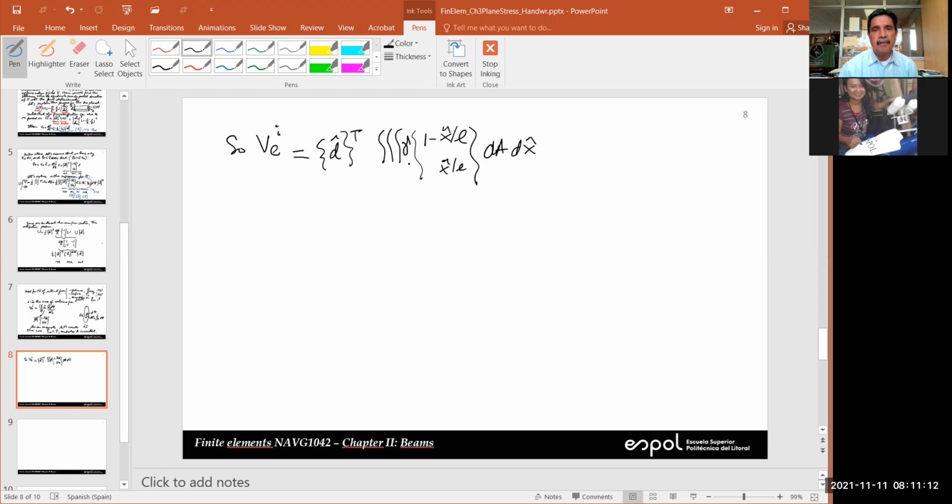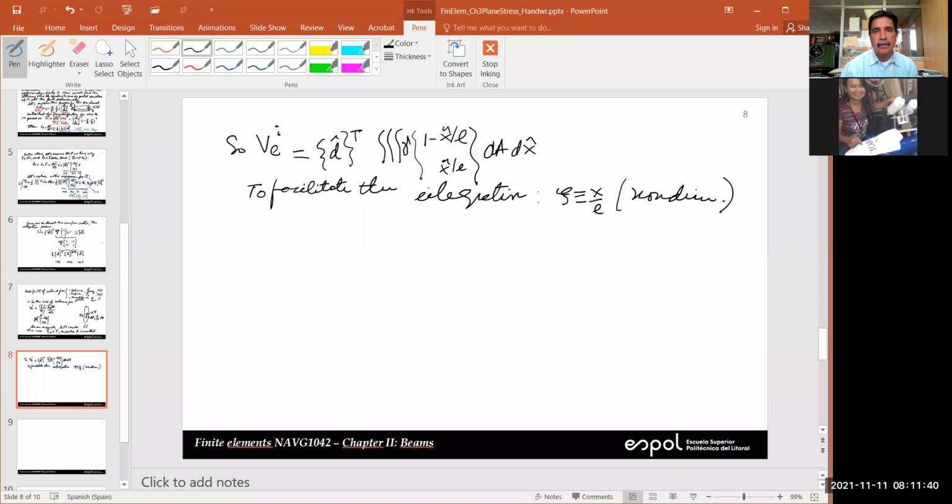In order to simplify a little bit and to facilitate the integration, let's define this variable z as x over L. Remember, this is non-dimensional.